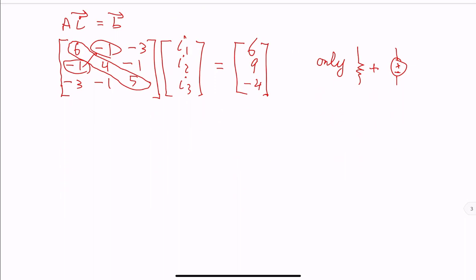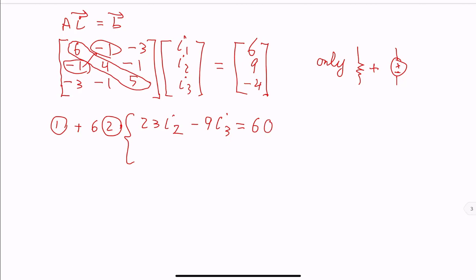So look at equation 1 and add to it 6 times equation 2. That gives us 23I2 minus 9I3 equal to 60.